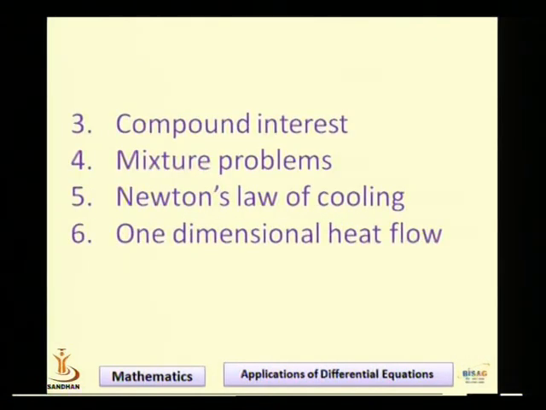The third application, you can apply first order differential equation in the study of compound interest. Then we can use it for mixture problems. Newton's law of cooling you can express in terms of a first order differential equation.